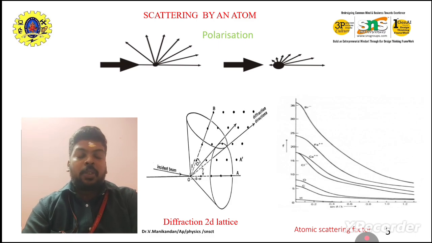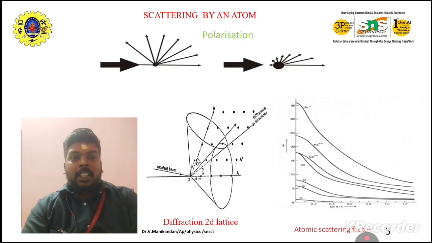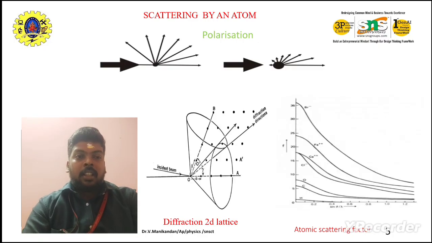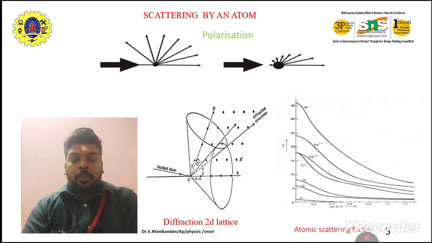This depends on the number of electrons present in the crystal structure. Every atom and molecule has a different number of electrons. The electrons and atoms in a crystalline material scatter the X-rays, and only where Bragg's law is satisfied do we get the diffraction spot.